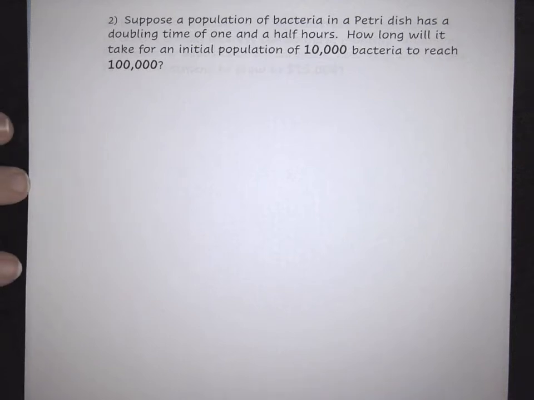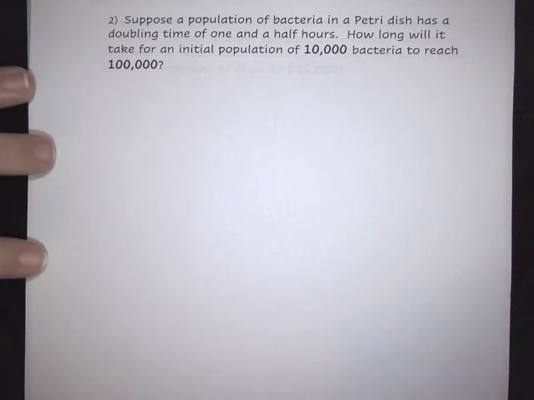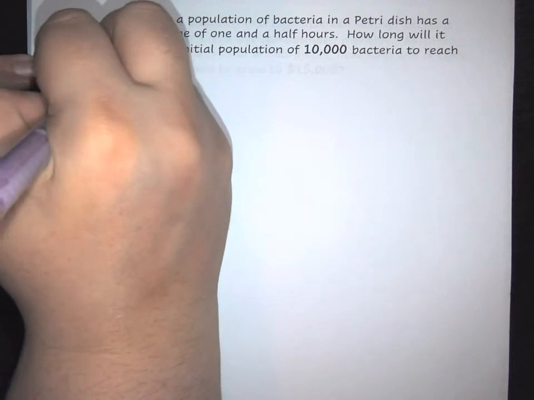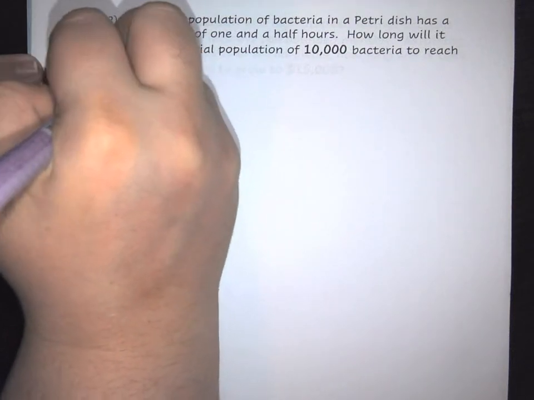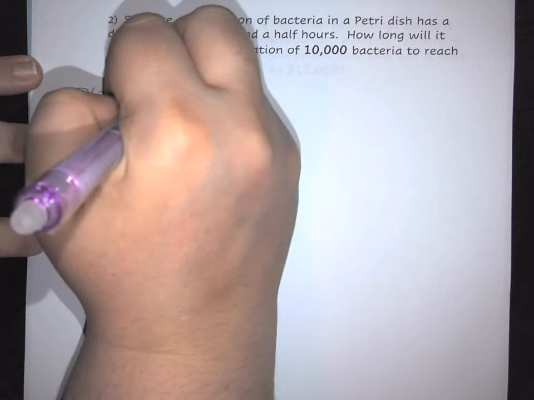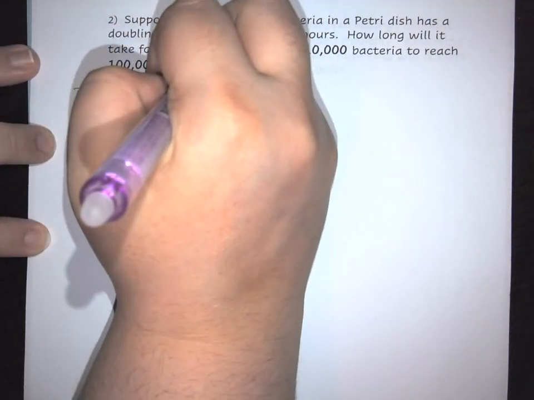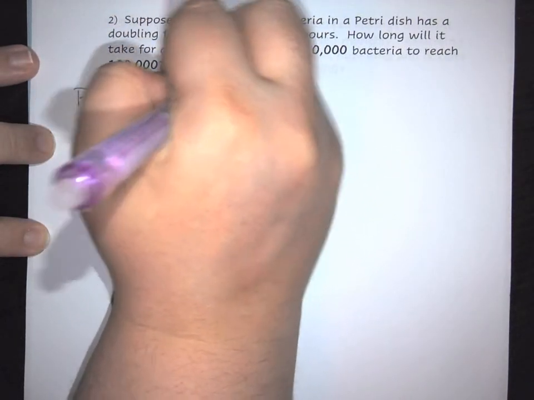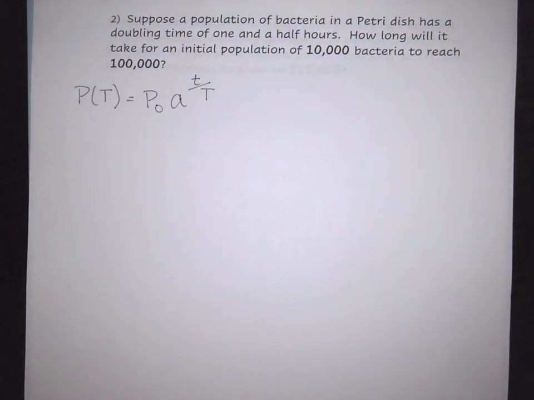So first of all, we have to look at the equation that we're going to use. So we have P of t, notice it's a capital T, is going to equal my initial A to the t over big T. Okay, so that's going to be essentially the idea in terms of our doubling time.